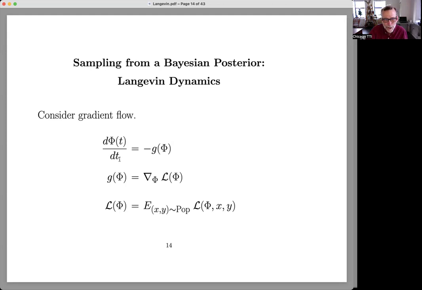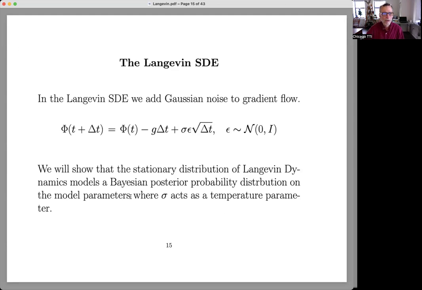But instead of converging to gradient flow, we're going to converge to a stochastic differential equation, because we're going to add in Gaussian noise that will not be removed. So we're going to add Gaussian noise to gradient flow.